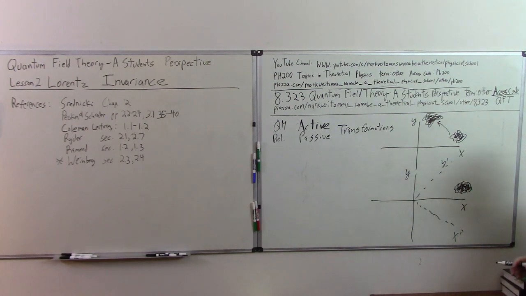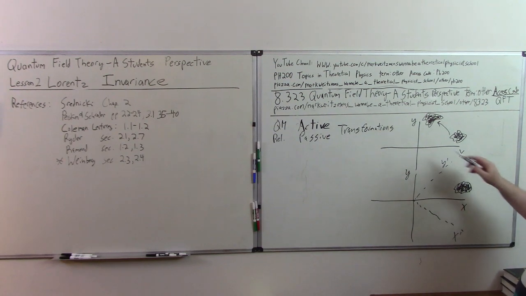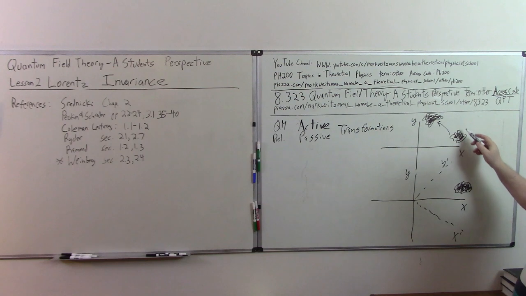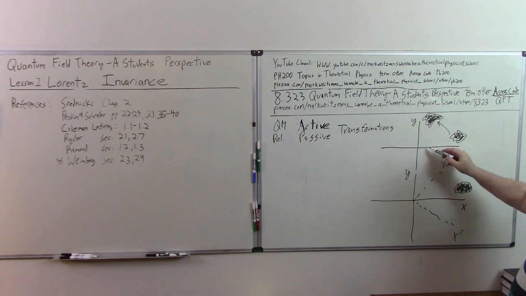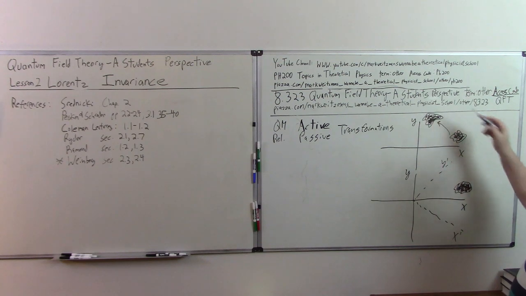It should be obvious to any physics student that the relation of the axes, in this particular case, before the transformation, my object was mostly along the x-axis, a little above the y-axis, and now it's a little bit to the right of the y-axis, but it's mostly in the y direction.